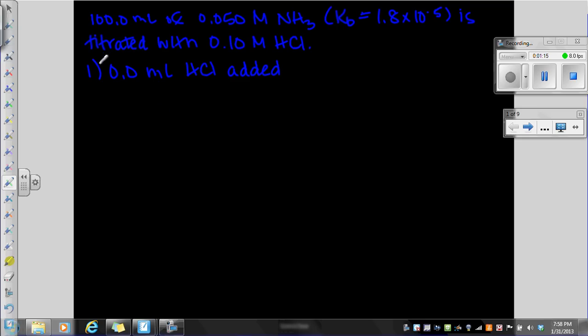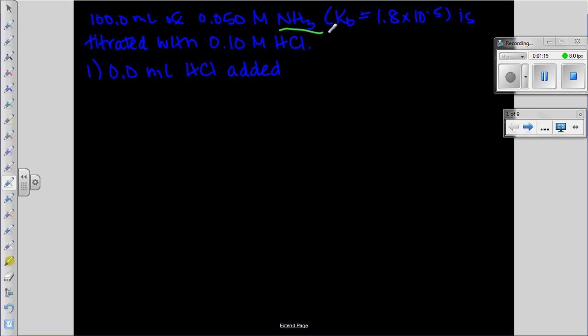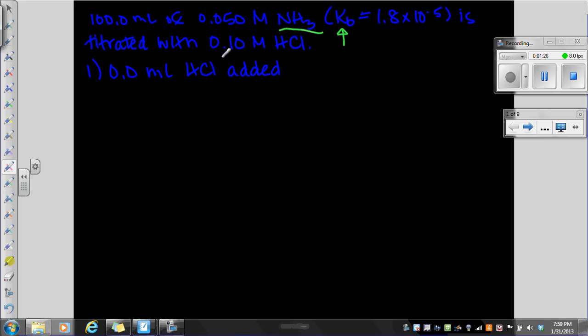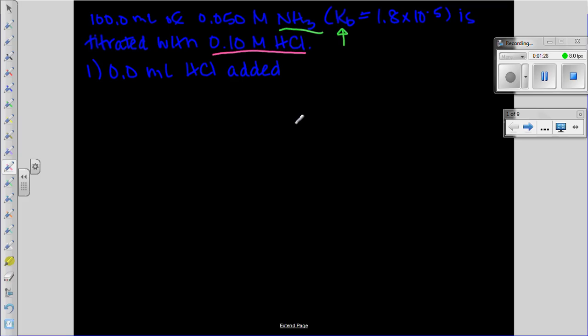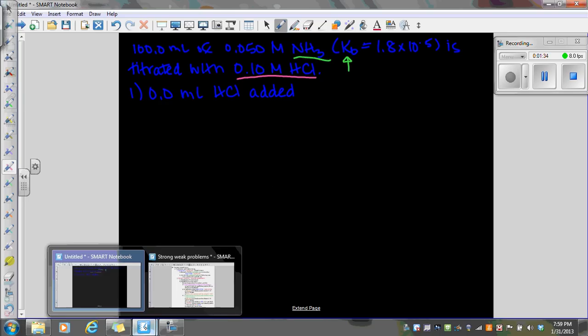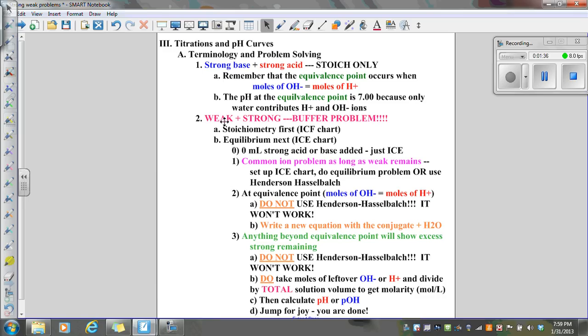Okay, so what you want to do, you know it's a titration. You have ammonia, which is a weak base. That is confirmed by the fact that it has a Kb. And then you are mixing that with 0.1 molar HCl. If you think about the rules that we just went over, when it's weak and strong, you have a buffer problem.